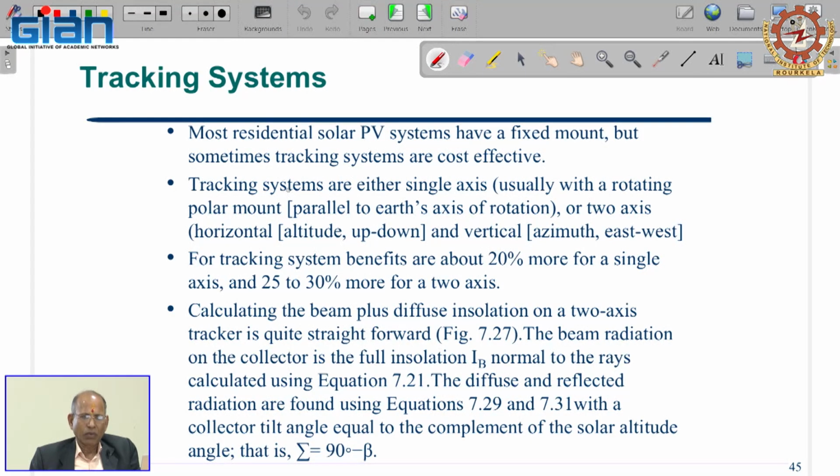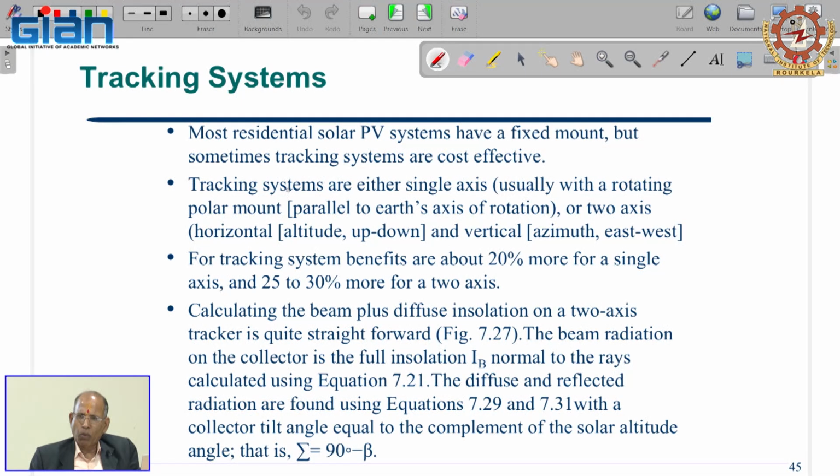For tracking, single axis gives 20%, two axis 25 to 30%. Some of the companies making these tracking systems will say, please take this tracking system from us.